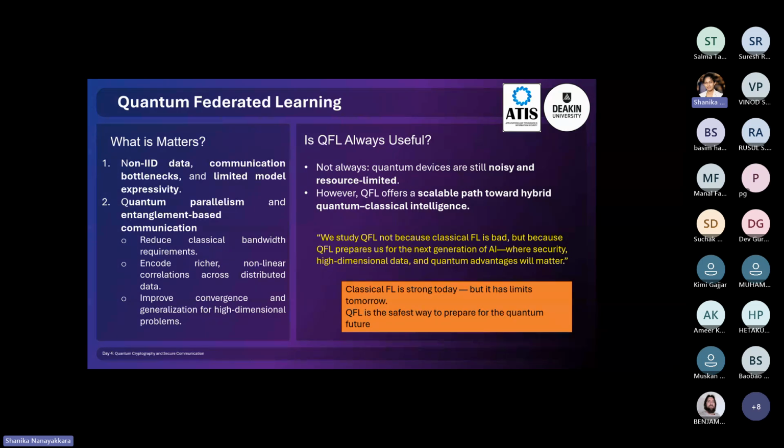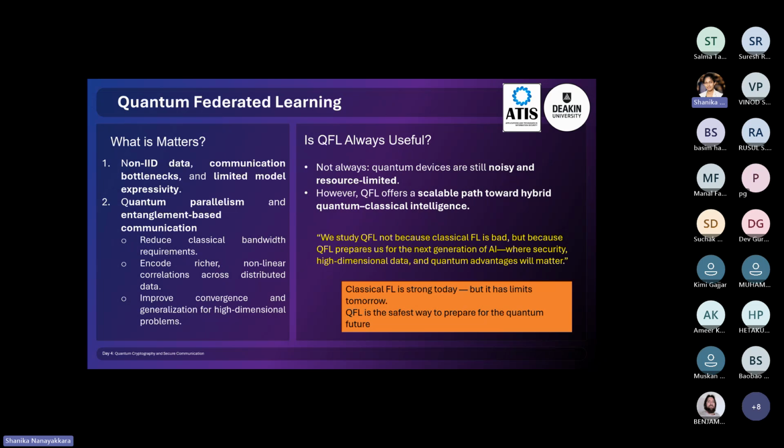Okay, the point that we need to understand here is we study QFL not because classical federated learning is bad, but because QFL prepares us for the next generation of AI, where we need security, high-dimensional data, and quantum advantages. The other thing I highlighted here is classical federated learning is strong today, but it has limits tomorrow.